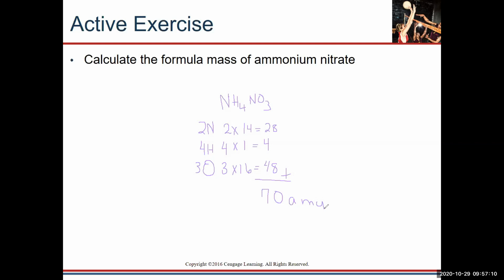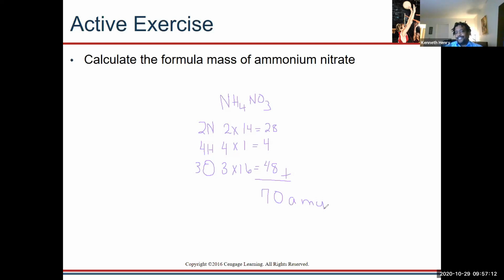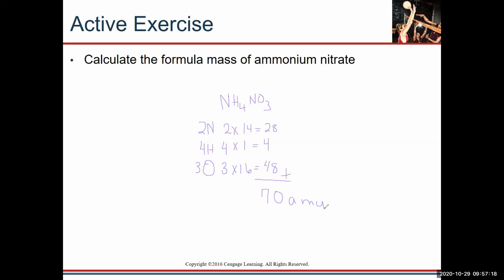Good. So should we make it a little more challenging? Okay. I have a question. I'm still a little bit confused where you got the weights of them, like where you found 14, 1, and 16. The atomic mass.